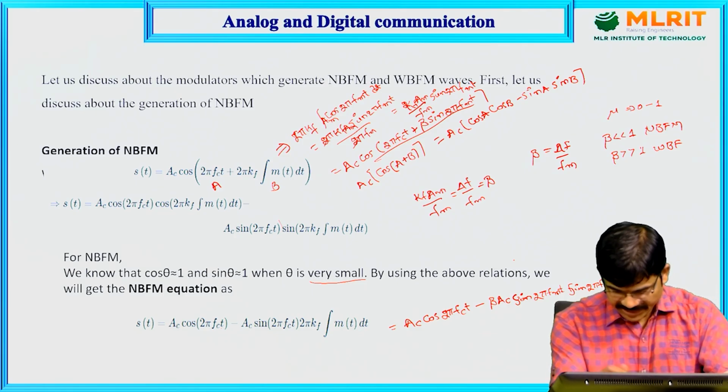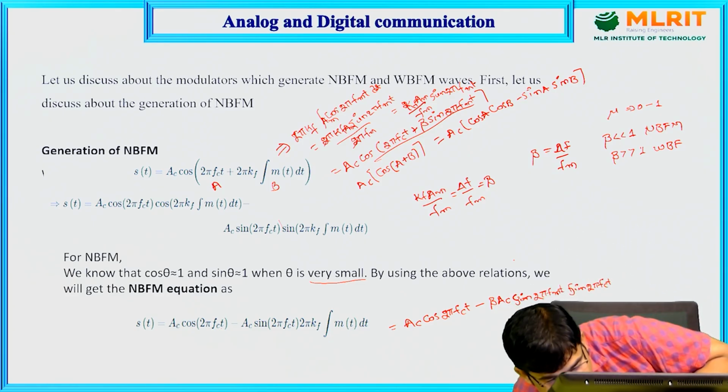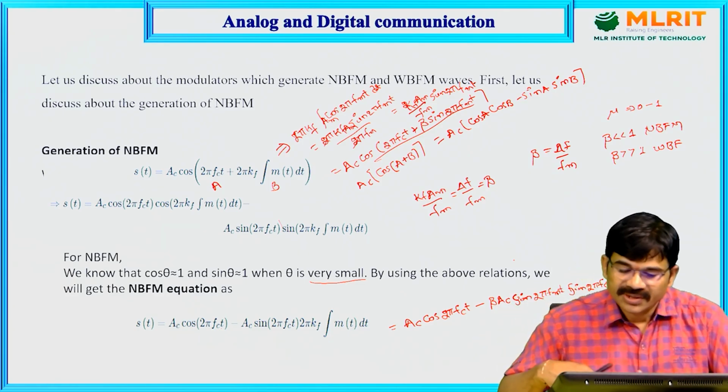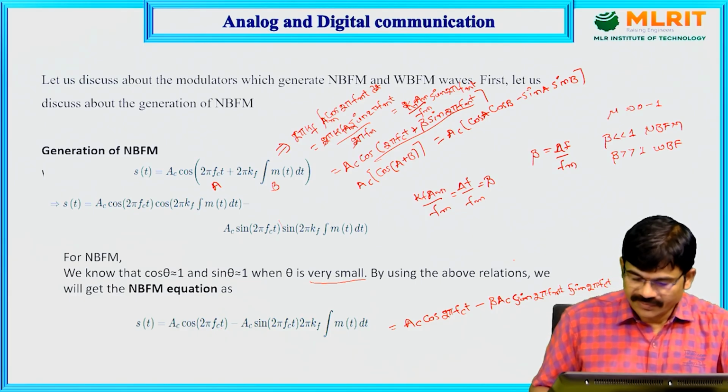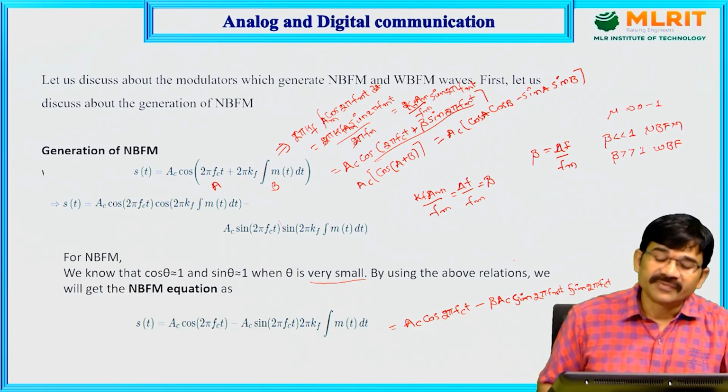What is the value you are getting finally? This is the value we are getting here: beta AC sin 2 pi fmt sin 2 pi fct.